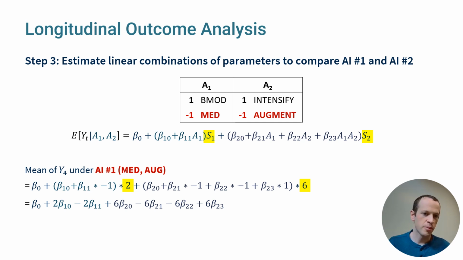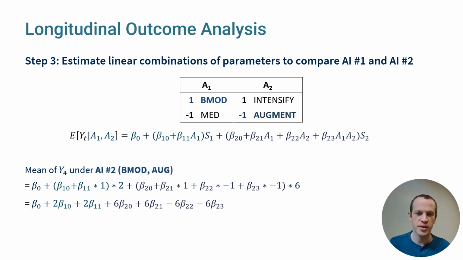And you also need to think about the time point at which you're trying to estimate the expected value. So below, what we're estimating is the expected value of Y4. So that's why here we're plugging in 2 and then 6 for S1 and S2. Those are the values of S1 and S2 at the end of the study, which is when we collect Y4. So working through all the math, we get this expression on the bottom here. And then we can do the same thing for AI2.